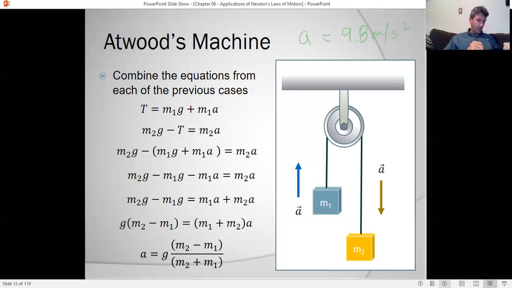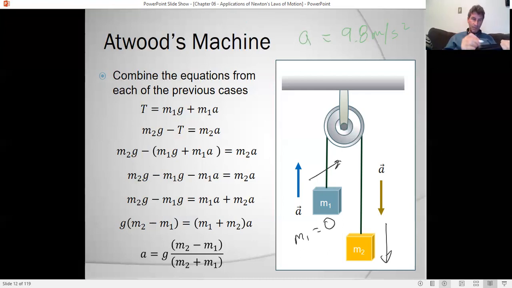If I were to take M1 and just cut M1 off, M2 would fall at the acceleration of gravity. If I were to make M1 go to 0, it would effectively be like cutting the string. M2 would accelerate at 9.8. So I can never do anything faster than 9.8.